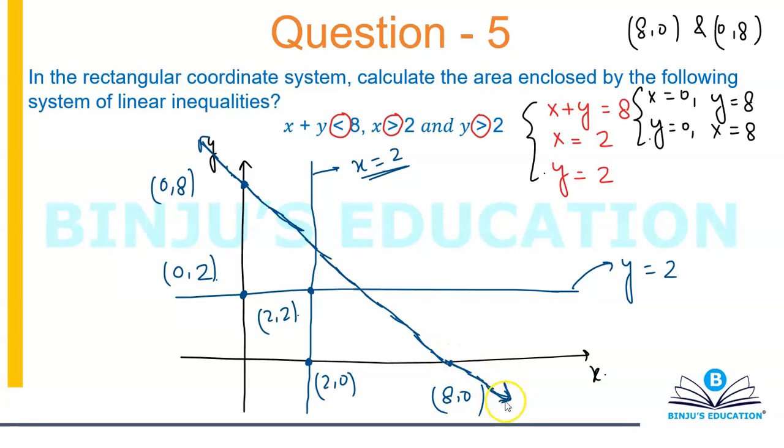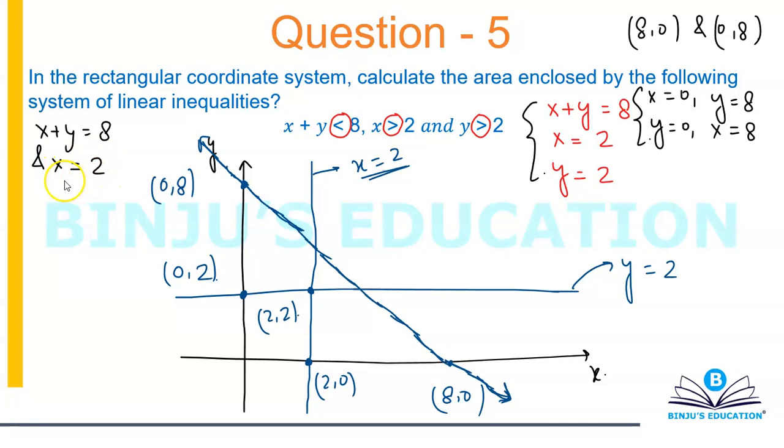Okay. Now we also need to calculate the intersection point of x plus y is equal to 8 with x is equal to 2 and with y is equal to 2. First, let's calculate the intersection point of x plus y is equal to 8 and x is equal to 2.